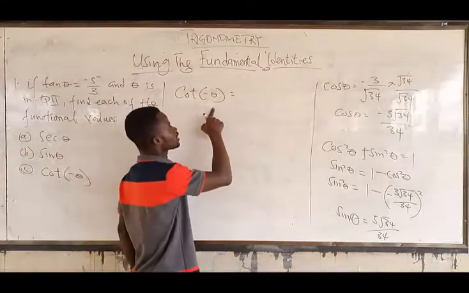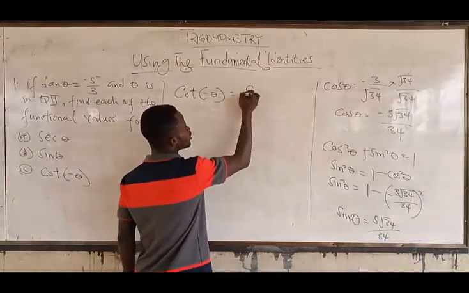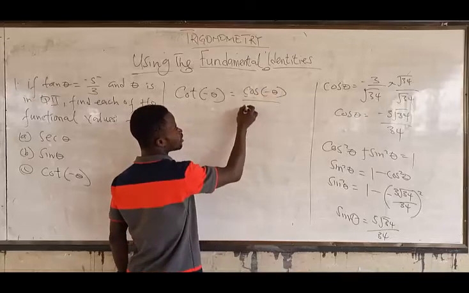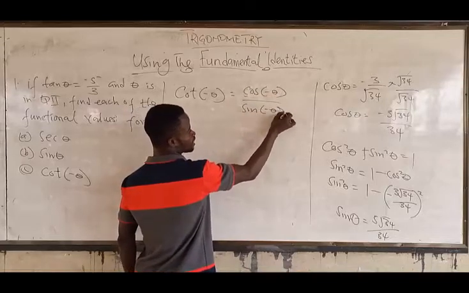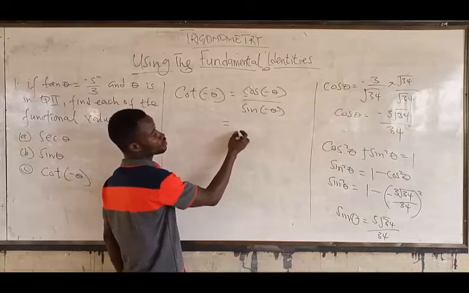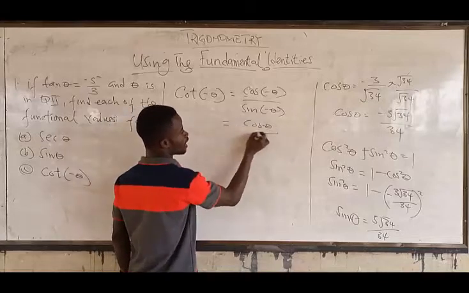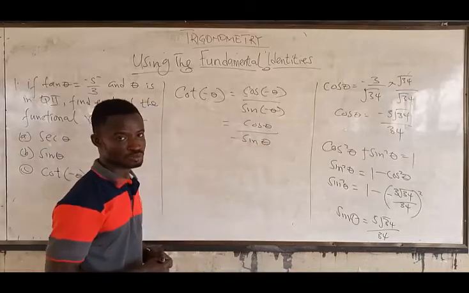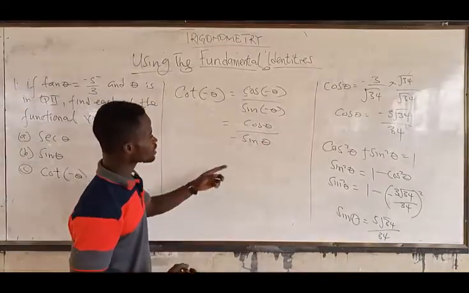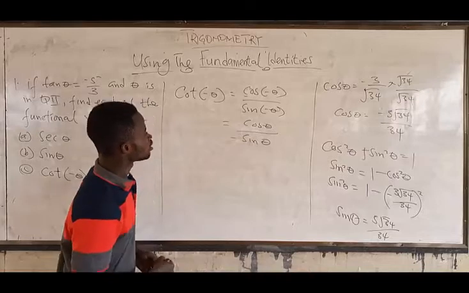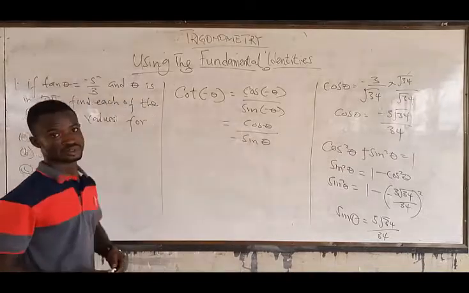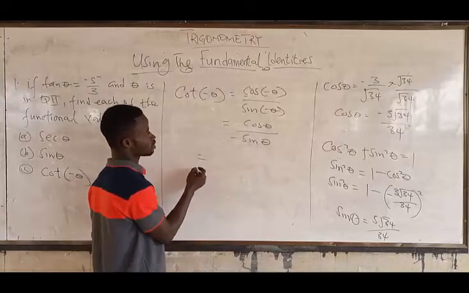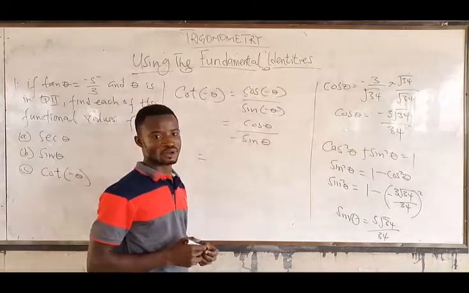And you know that cos of negative theta will be equal to cos of negative theta over sine of negative theta. And this is going to give you cos theta over negative sine theta. Beautiful. So what is cos theta?